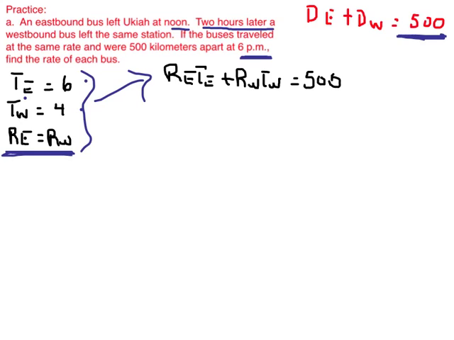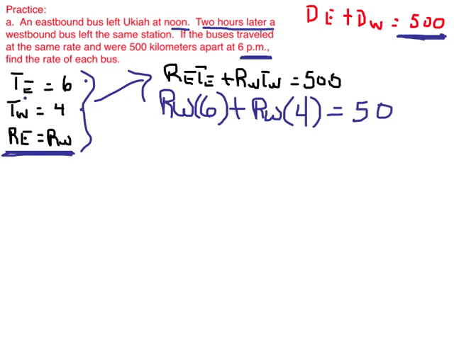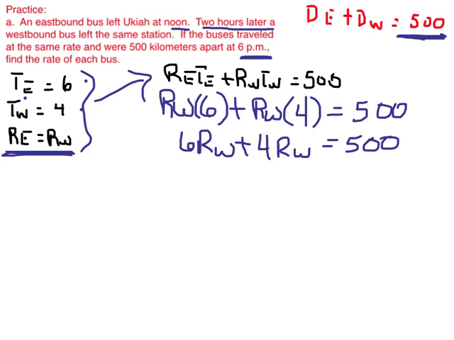Now we can substitute these things into our master equation. RE is RW, TE is 6, plus RW times 4 equals 500. So I've got 6RW plus 4RW equals 500. So 10RW equals 500.